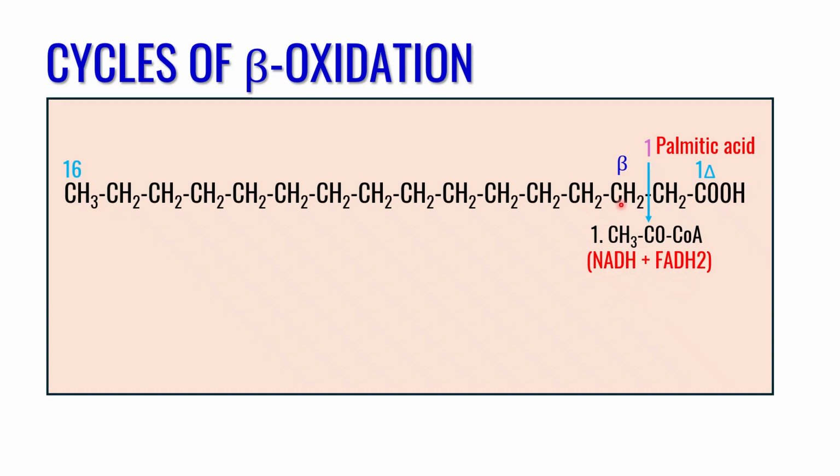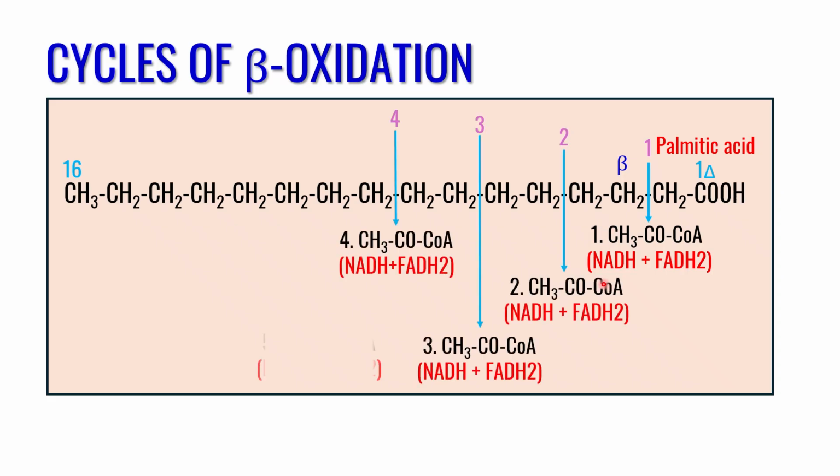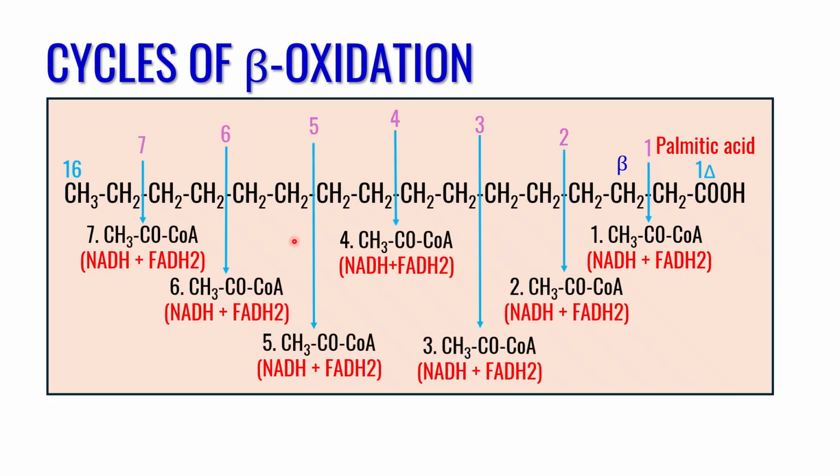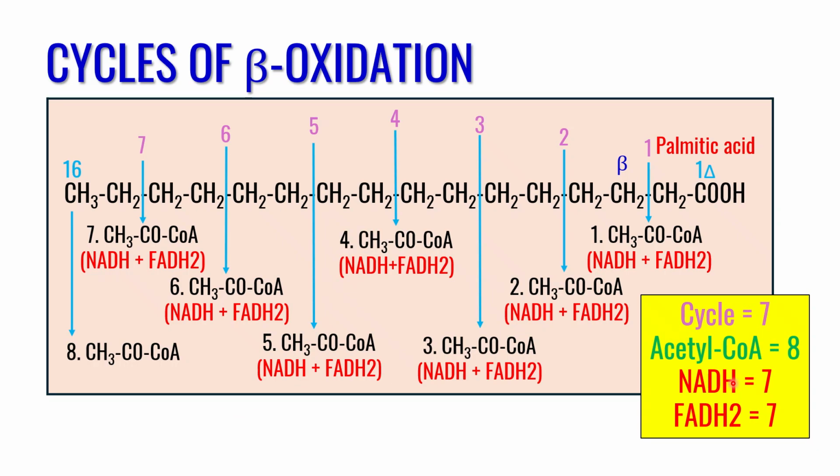Therefore, in this molecule of palmitic acid, you will have 7 such successive cycles to completely oxidize it, producing at each cycle 1 acetyl-CoA and 1 molecule each of NADH and FADH₂. At the end of the 7th cycle, there is a 2-carbon unit which is also released as acetyl-CoA. However, an important point to note is that NADH and FADH₂ at this step will not be produced. Therefore, palmitic acid will require 7 cycles, producing 8 acetyl-CoA and 7 molecules each of NADH and FADH₂.